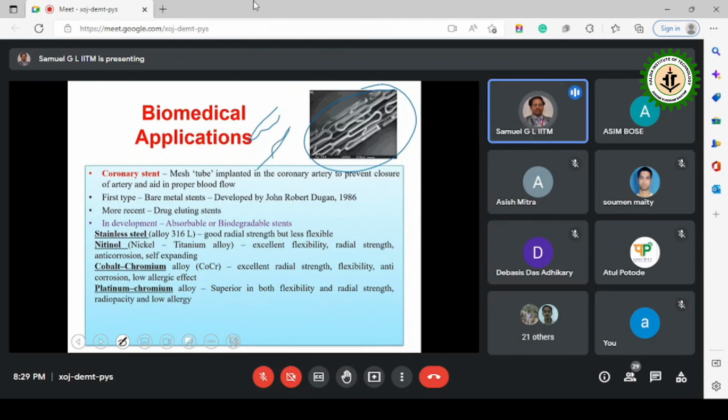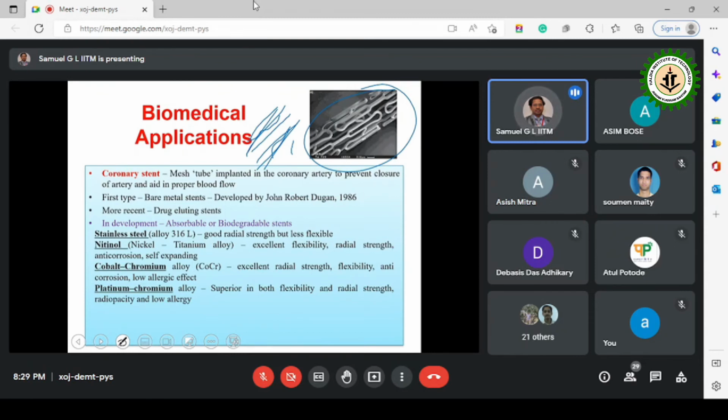We compress this stent like this, so it will be small. Then it will be made to enter into this place, and then it will be made to expand. It expands and then makes the way for the blood to flow. That structure which is required can be cut by using lasers.